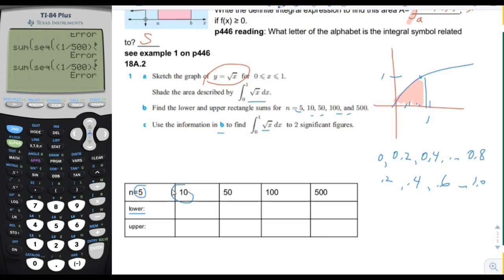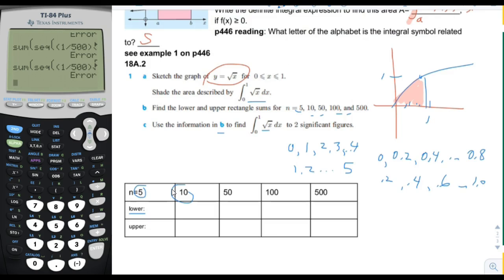So the values we're going to use for the counters for the lower would be 0, 1, 2, 3, 4, and the counters for the other one would be 1, 2, etc., all the way to 5. We need to divide them by something in order to get these values, which would be divided by 5, right?